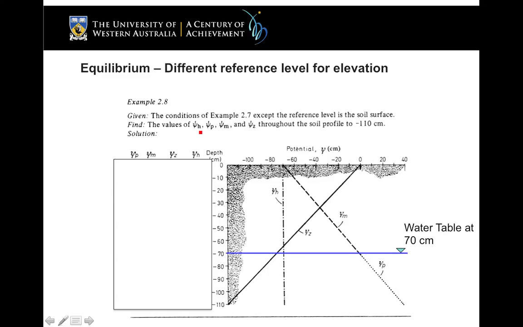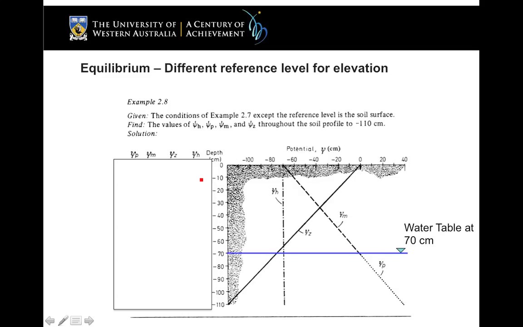So this question is exactly the same as the previous question, except for one difference. We've moved the reference level from here, which was at minus 70 centimetres. Now the reference level to calculate the elevation potential is at the soil surface. Again, we have hydrostatic conditions, so we have no water flow happening.